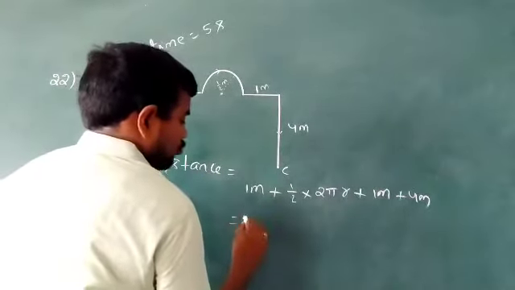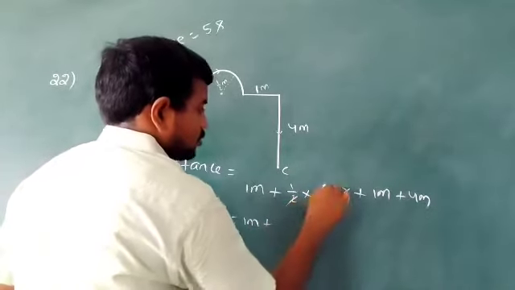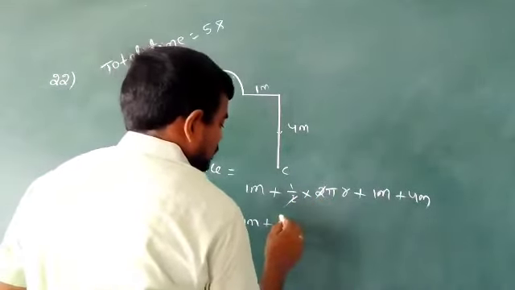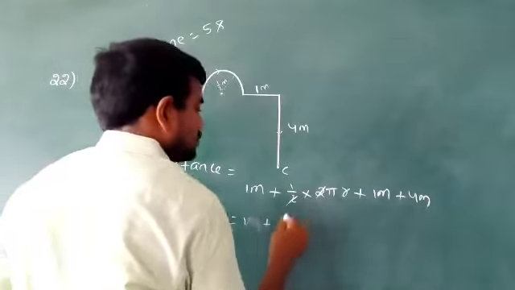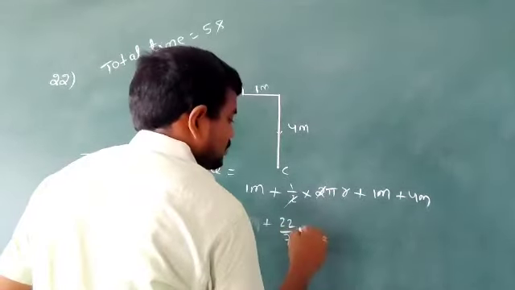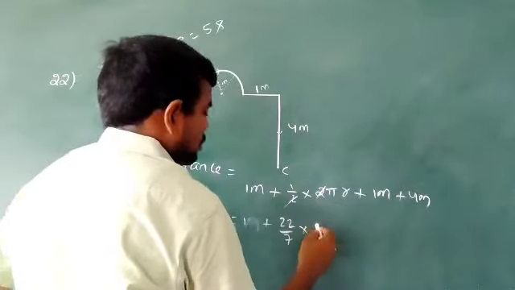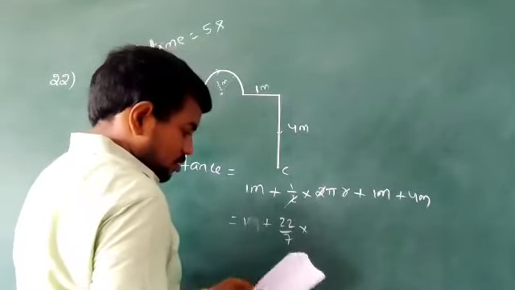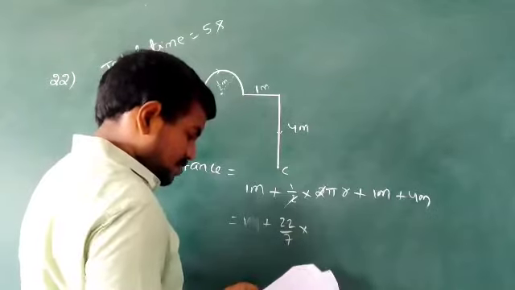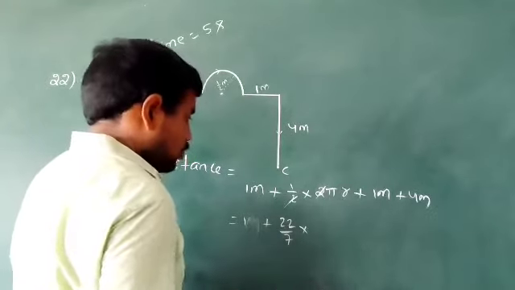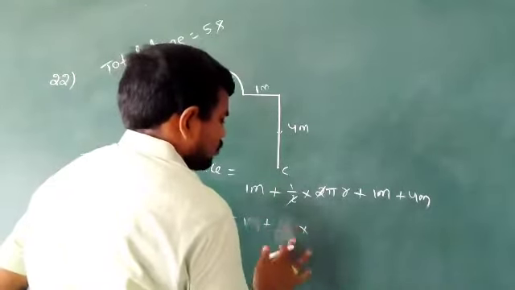So that equals 1 meter plus, it gets cancelled, 1 plus 22 by 7 into radius, which is given as half. Otherwise here, in the options also, it is given in terms of pi, so we can go through with this as pi, no problem.